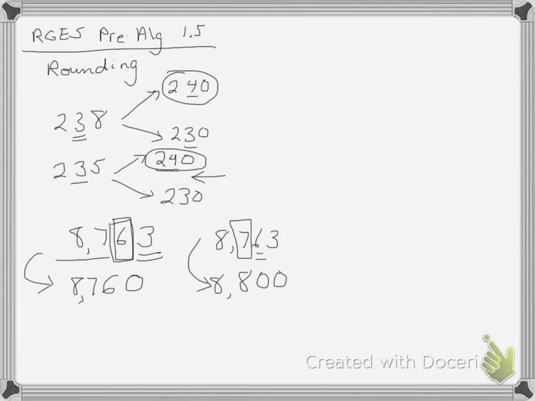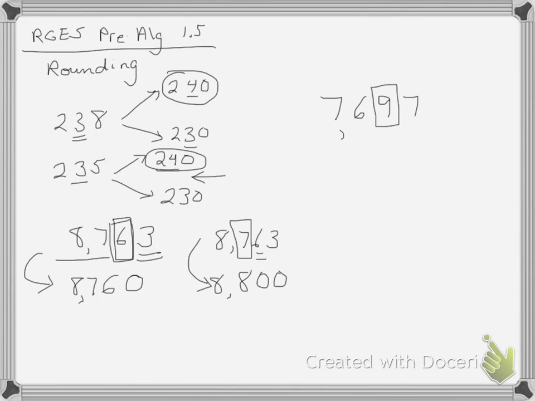And hopefully this is also review for you. I'm going to let you do the problems on your own. I just want to illustrate one more idea to you. This is very important. What if I had 7,697 and I wanted to round that to the nearest tens place?